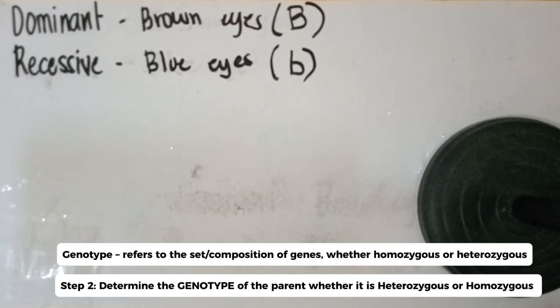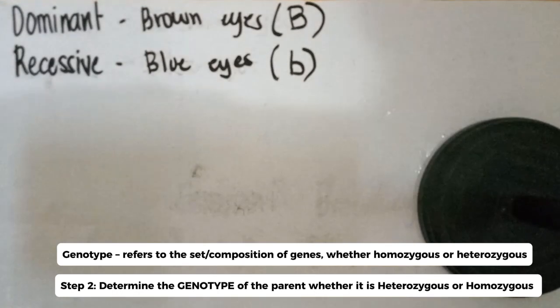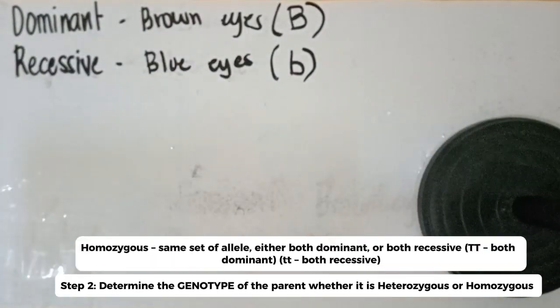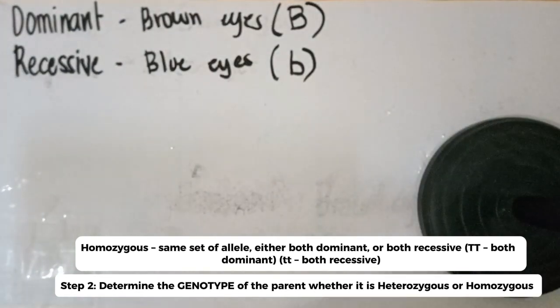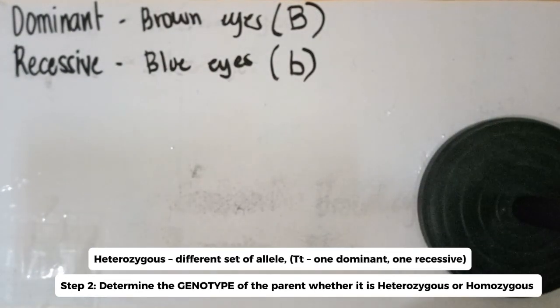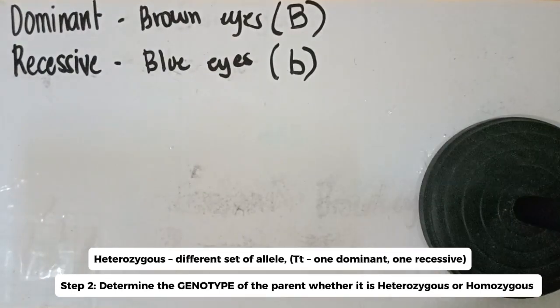Next step, determine the genotypes of the parents, whether homozygous or heterozygous. When we say homo, they contain the same alleles, meaning either both dominant traits or both recessive traits. When we say hetero, meaning they have one dominant trait and one recessive trait.